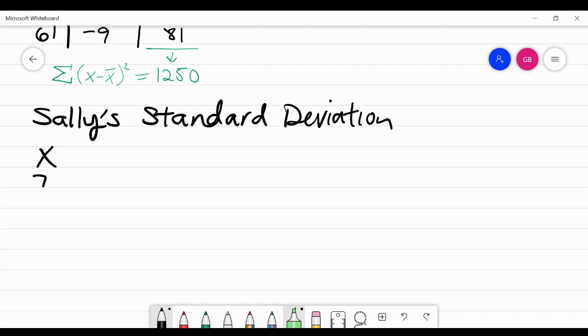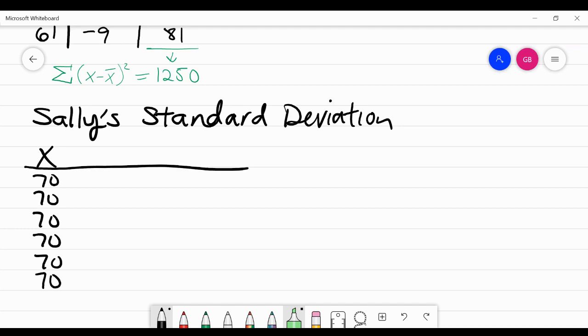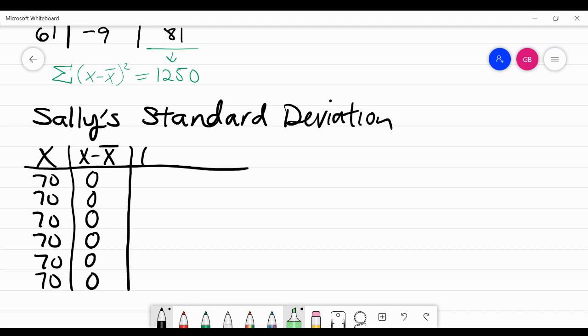She had 70 for all of her scores. X minus X bar. The average is 70. So 70 minus 70 is 0. And then we're going to square that number. So 0 squared is also 0.